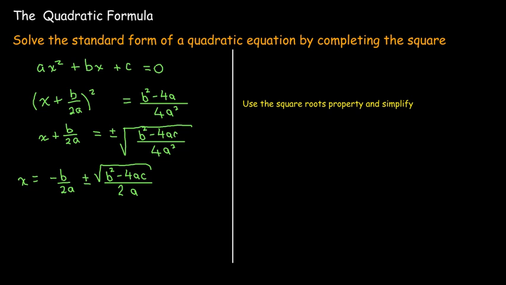And in the last equation, it's correct, but let's go ahead in the work and make that 4ac. b squared minus 4ac.